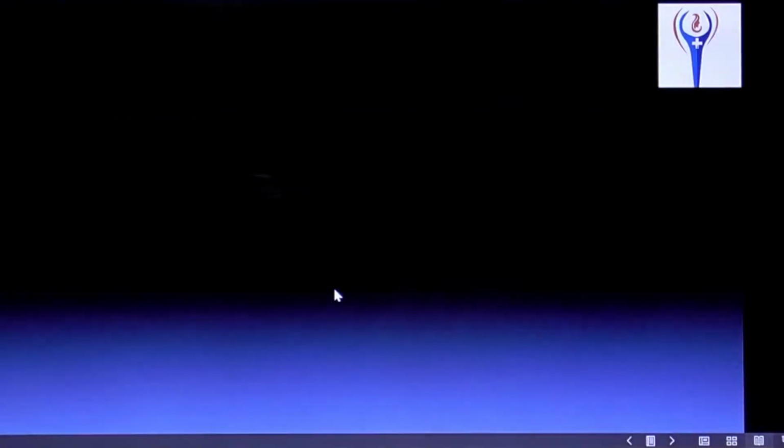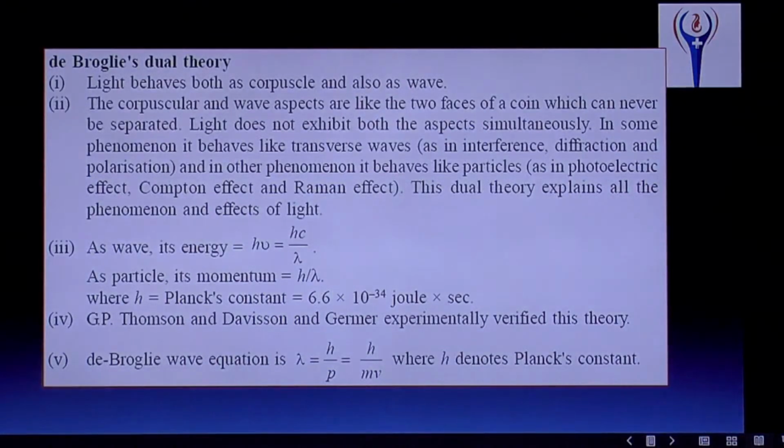Next is de Broglie dual theory. What does dual mean? D-U-A-L, dual, double role. In cinema, when a hero or heroine acts a double role, a twin role, we say that is a dual role. Dual means double. That is, light behaves both as a corpuscle and as a wave. Corpuscle means particle.